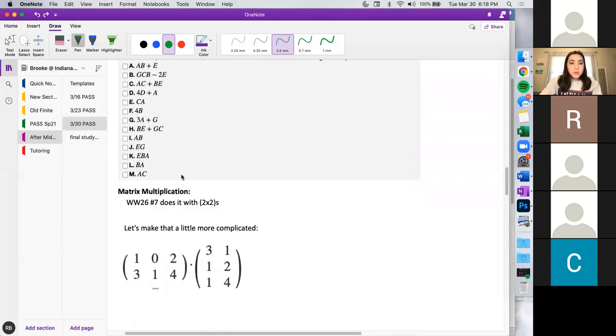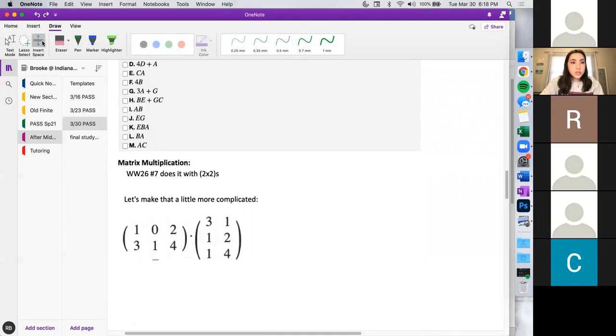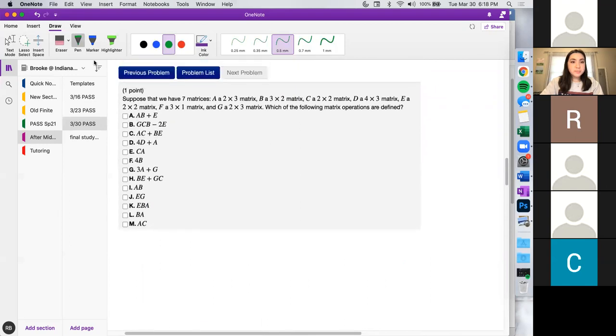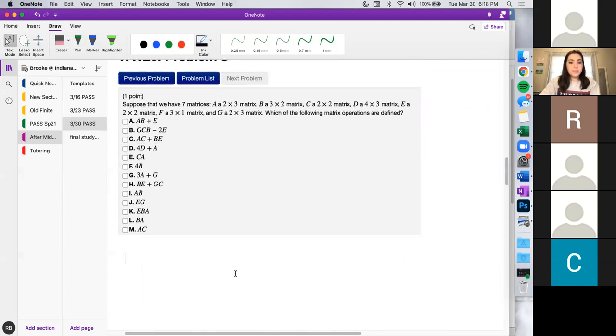And then let's talk about Mia's question with when you have a bunch of them together. Essentially, you can multiply in any order. It won't matter usually. So for like K down here, this EBA, I can pick either two of those to multiply as long as I don't change the order.